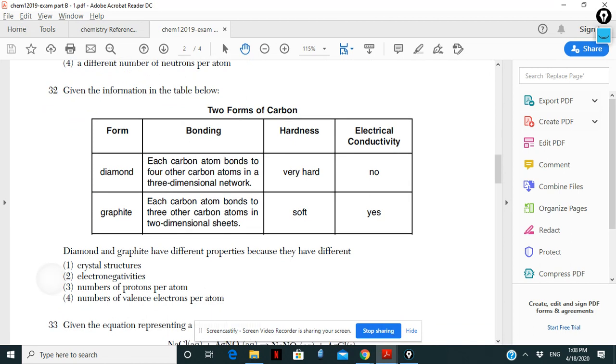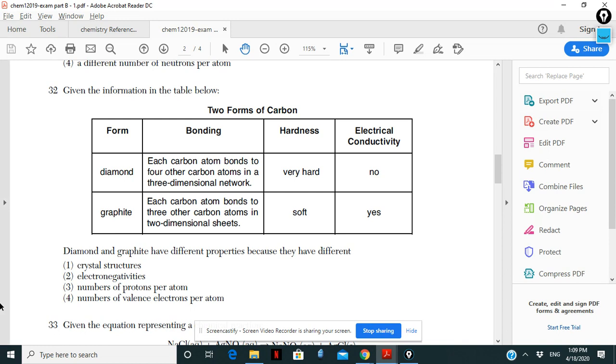Question number 32. Given the information in the table, we have diamond and graphite. Diamond and graphite are two different forms of carbon, so they have the same chemical properties, but they are different in physical properties. One of the physical properties is the crystal shape. According to their arrangement, the crystals give their physical character.